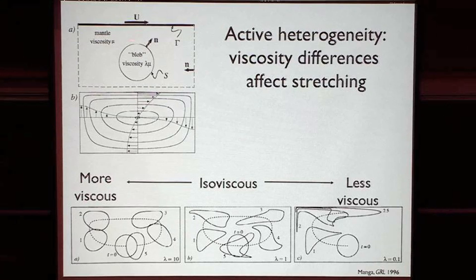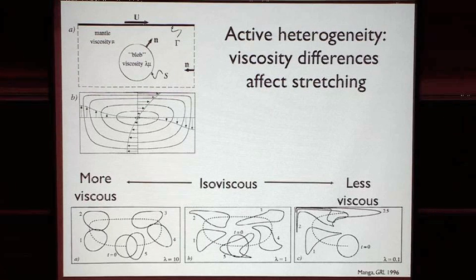Okay, so now we've introduced a different material, right, with different properties. We have a couple of other boundary conditions: continuity of velocity and stresses across that boundary. So let's look at what happens in this system. On the bottom, you're looking at three different simulations. The closed curves represent positions and shapes of those blobs as they move through the box.